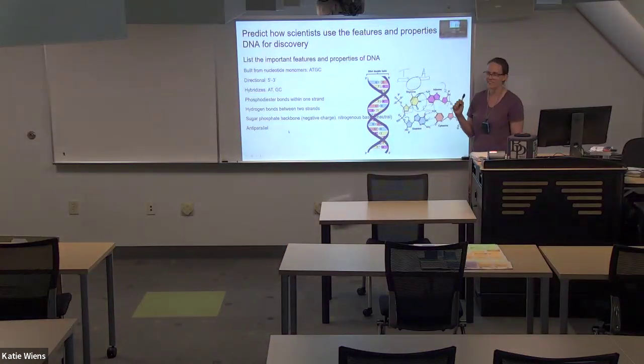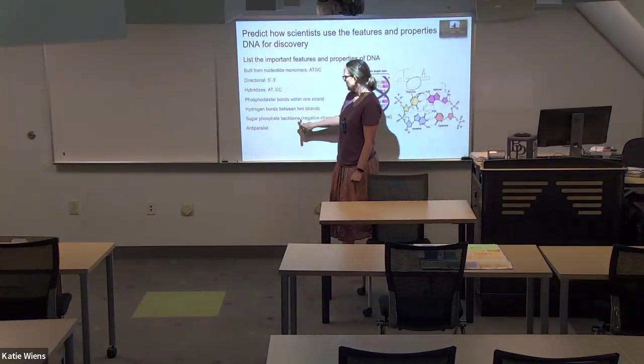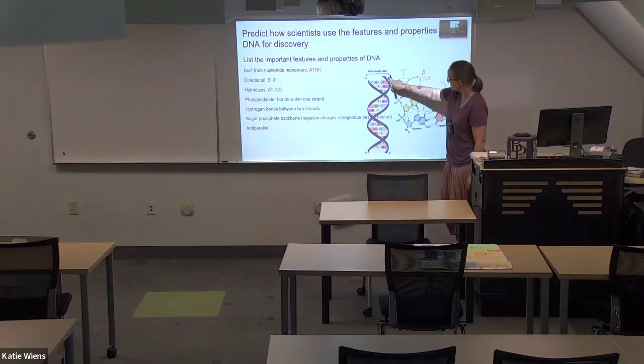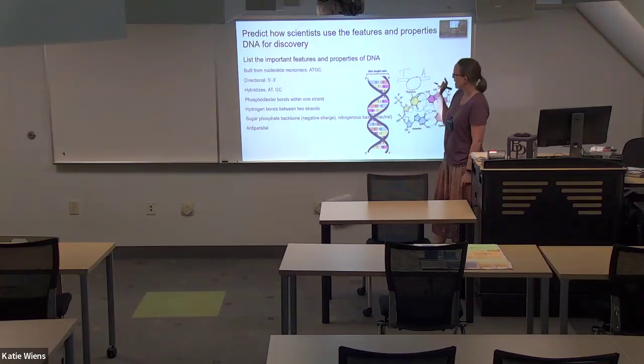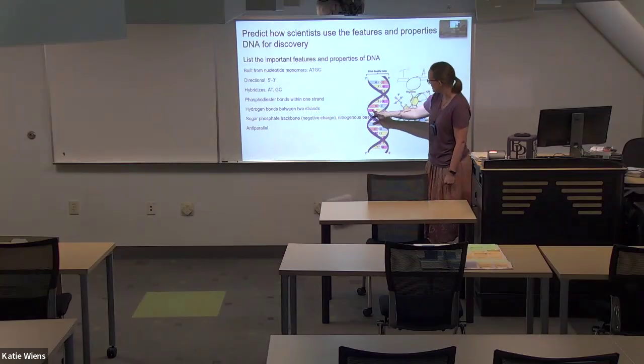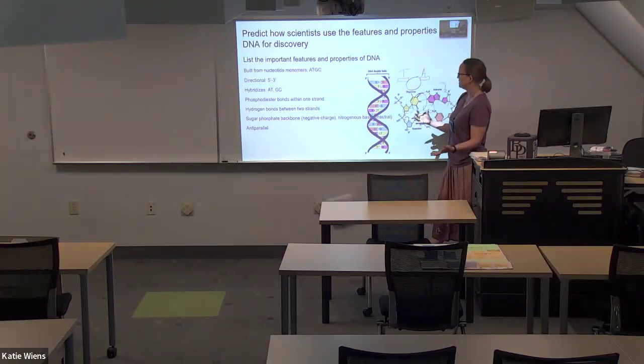Oh, right. The one thing I forgot, I mentioned it, but there is a sugar phosphate backbone. So this blue ribbon here is the sugar phosphate backbone. And then the nitrogenous bases are in the middle. And because that sugar phosphate backbone has a negative charge, it more likely wants to interact with water.